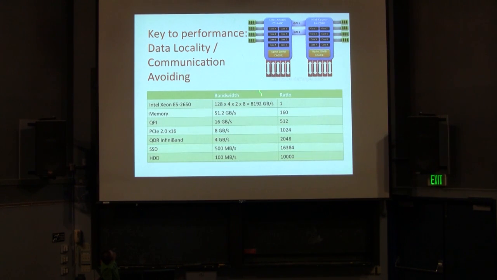Then there's also the limit of this NUMA architecture. This is more important when you have multi-threaded code, OpenMP code, for example. The bus link between the two CPUs has a bandwidth of only 16 gigabytes.